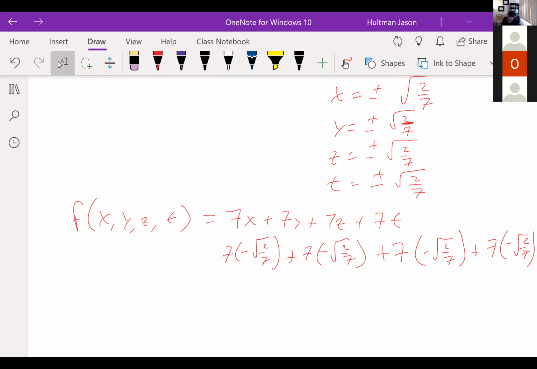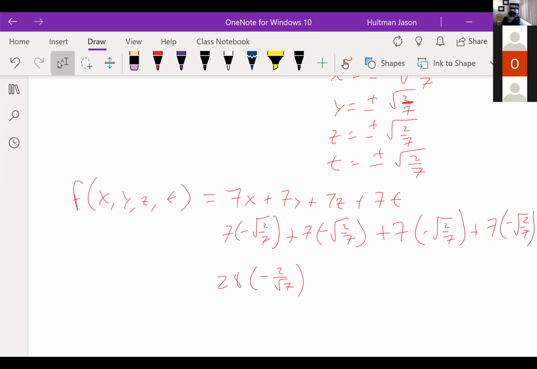I know that this is just going to be 4 times negative 2 over radical 7, times 7. So this is 4 times 7, we'll just do 28, times that. We could rationalize the denominator. This would become negative 2 radical 7 over 14. Sorry, is that right?